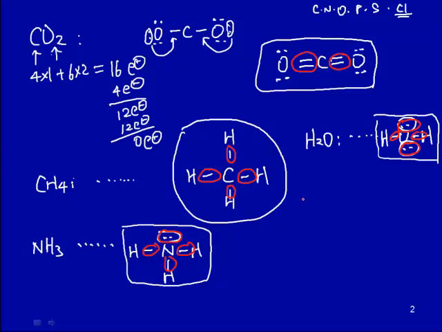So here we're introducing the concept called electron groups. It's electron groups. Those are the ones on the central atom.